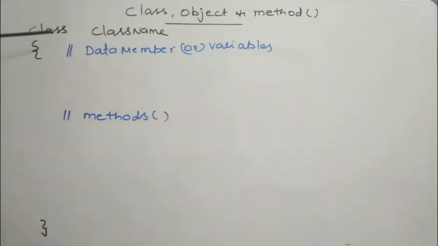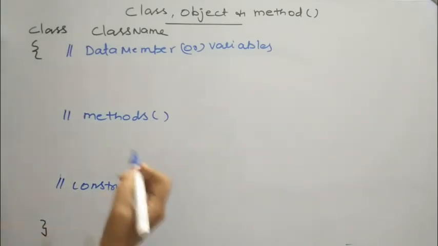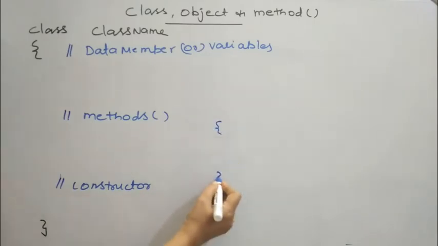The class definition contains, importantly, data members and methods. Other than this, it also contains a constructor. A constructor is a special method, or it may include a block of statements enclosed between these curly braces.